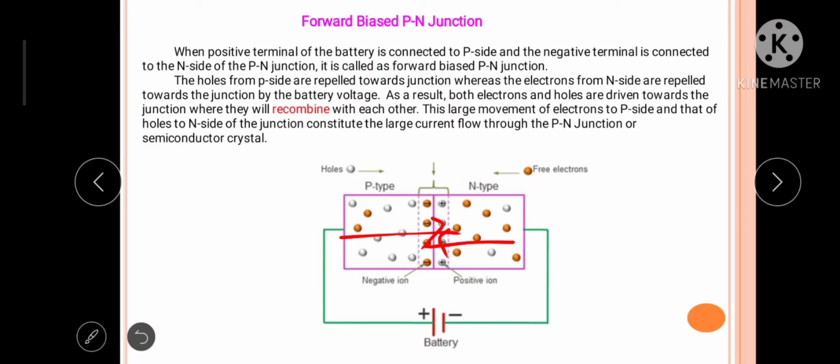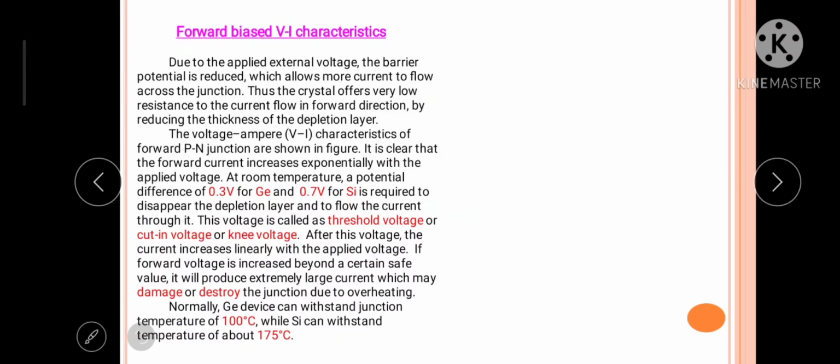This large movement of electrons to P side and that of holes to N side of the junction constitute the large current flow through the PN junction or semiconductor crystal. Now come to forward bias voltage ampere characteristics of the PN junction.